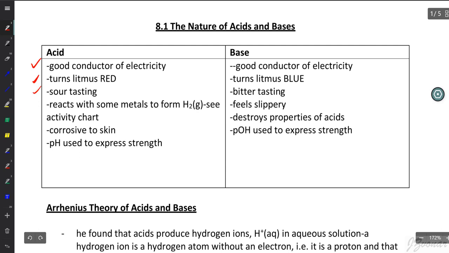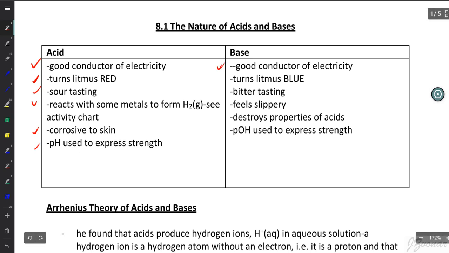Acids are sour tasting. They react with different metals to form hydrogen gas, and are corrosive to the skin. They have various strengths, and we use pH to help express how strong or how weak an acid is. Likewise, we know that bases are also good conductors.